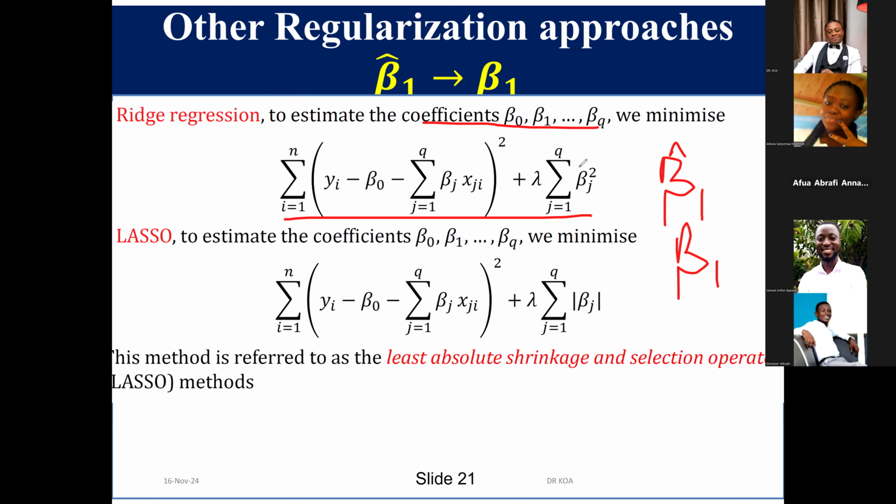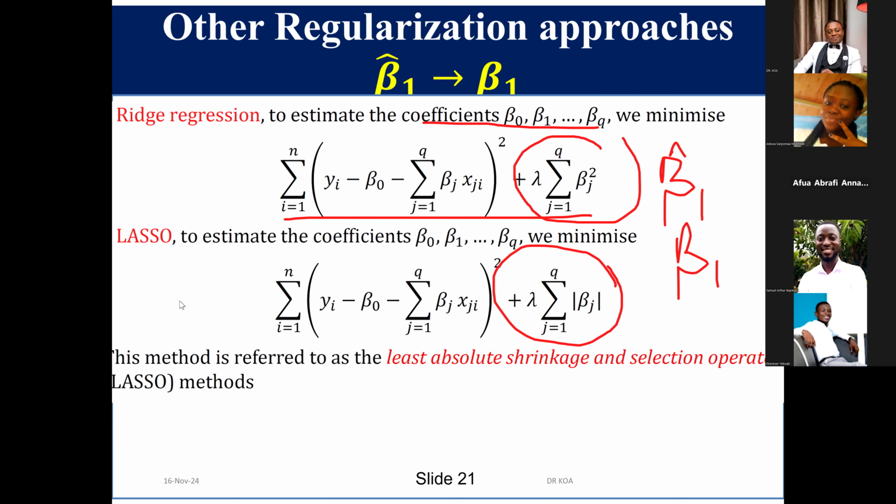In ridge regression, we add some beta square to the original OLS approach with a lambda. In lasso regression, you rather take the absolute value of the beta and then work with it. These two methods are sometimes called the least absolute shrinkage and selection operator method. The software is able to calculate these easily for you.